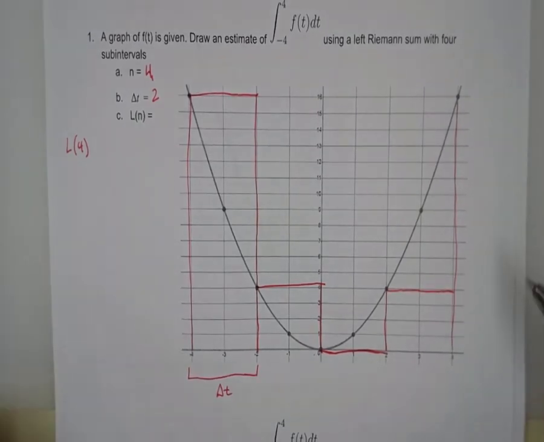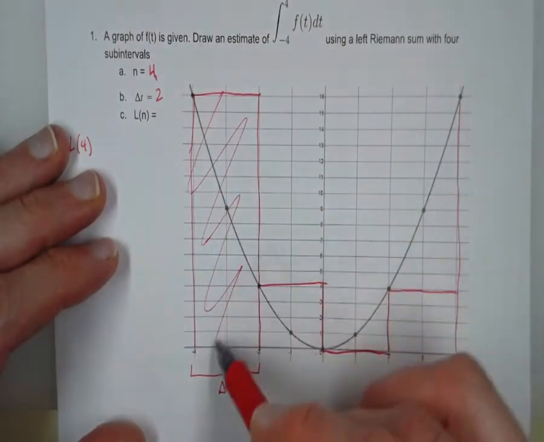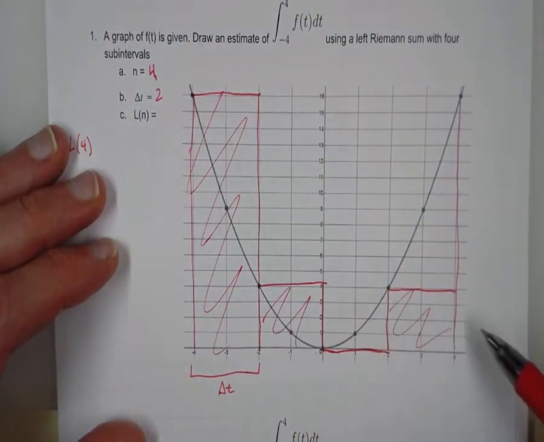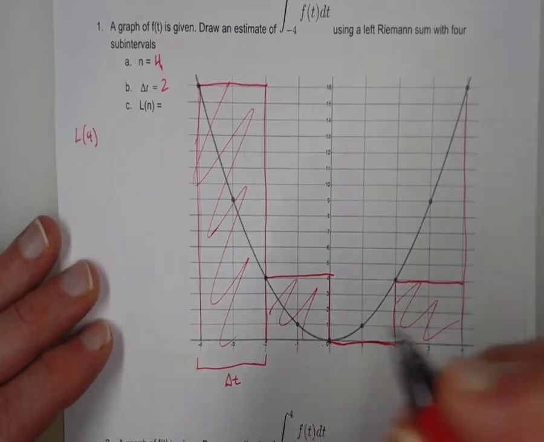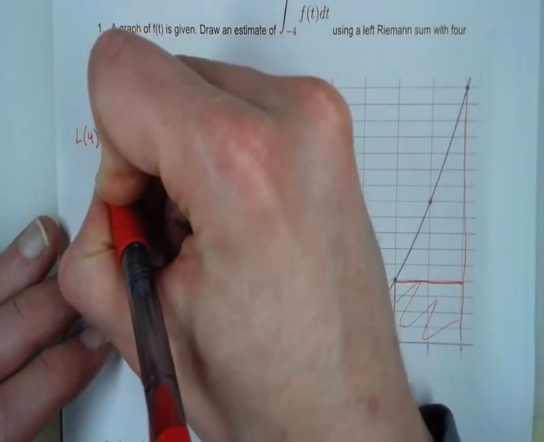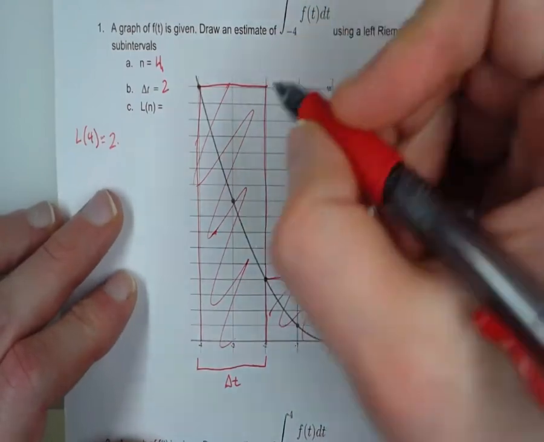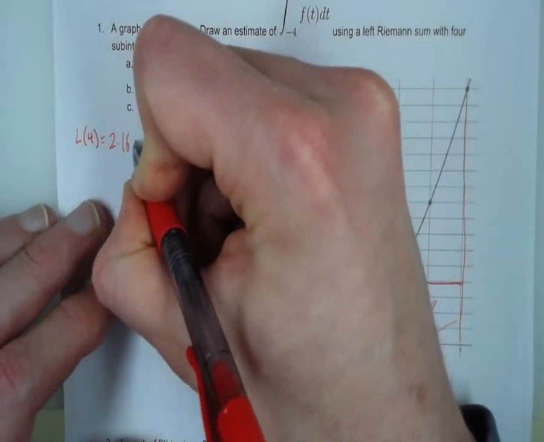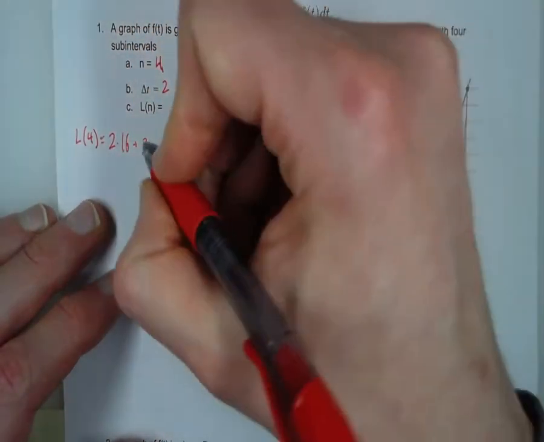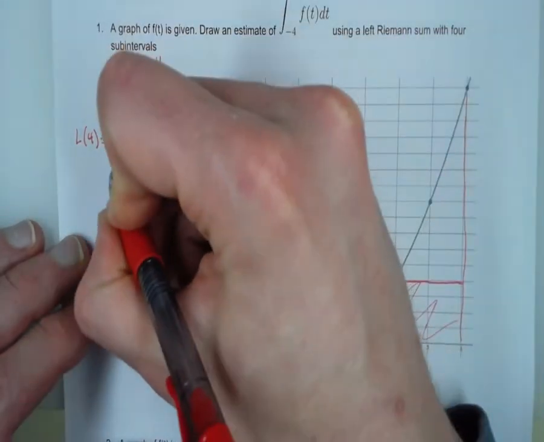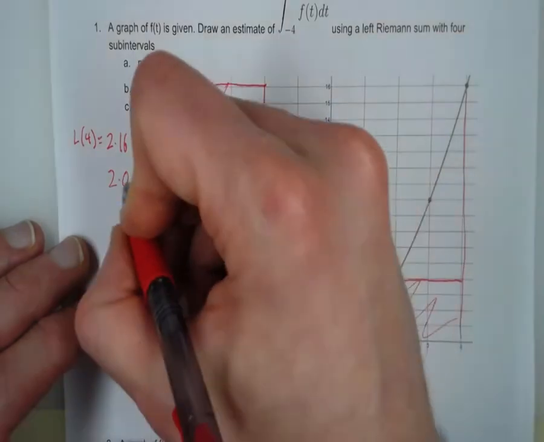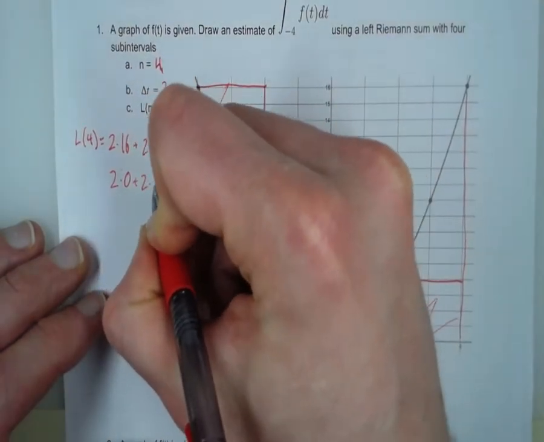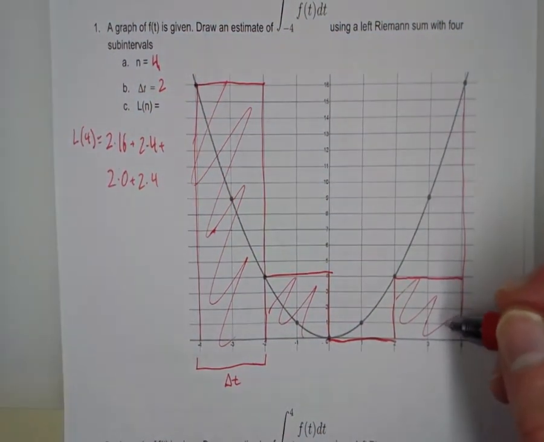So now we want to add up all of this area, and that gives us our Riemann sum approximation. So 2 times this first rectangle is 16, plus 2 times the next rectangle is 4, plus 2 times 0, that's the height of this one, and then finally 2 times 4 is the area of this rectangle.